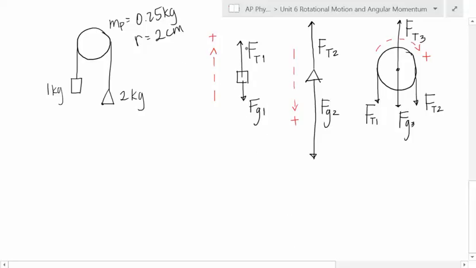So that shows that the net force on the 1 kilogram object is positive. The net force on the 2 kilogram object is negative. And then over here, I should really do the same thing and have this FT2 equal but opposite to that length there. I'm just going to eyeball it something like this.